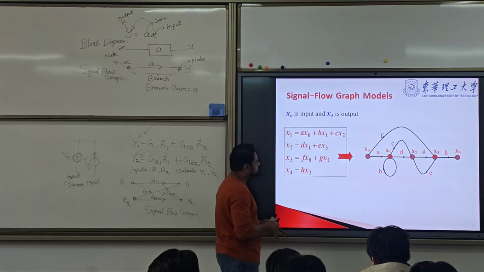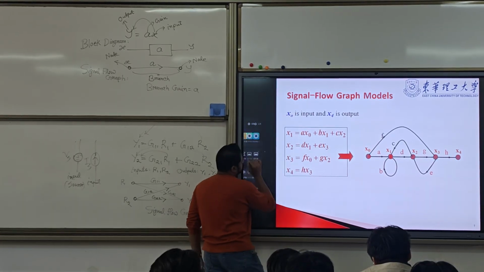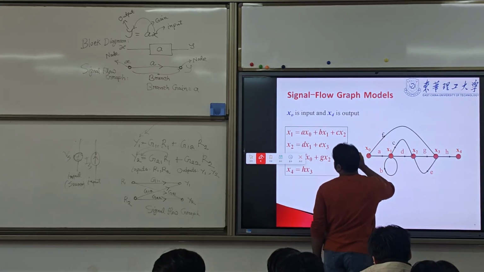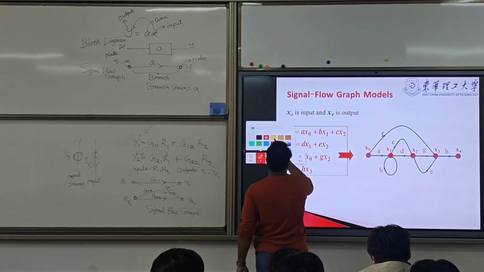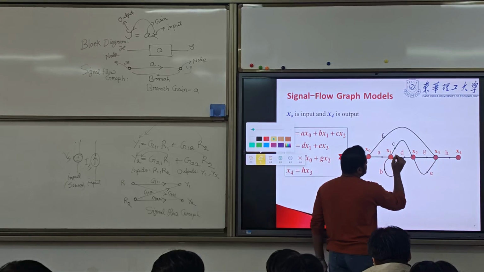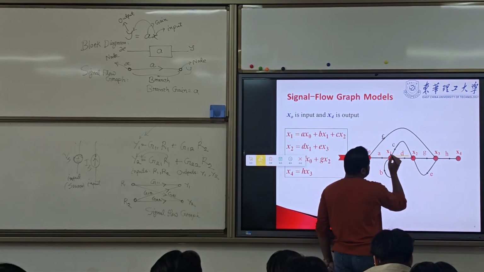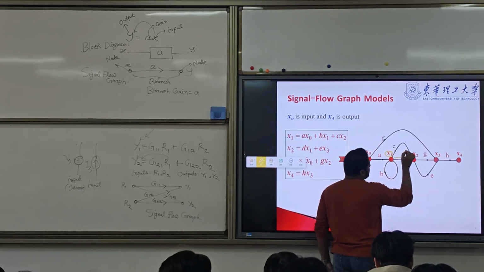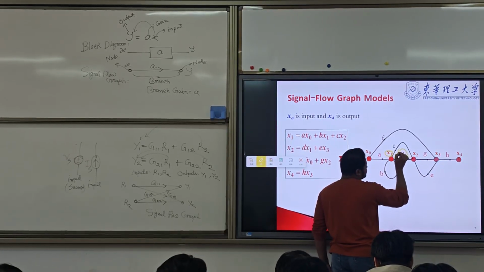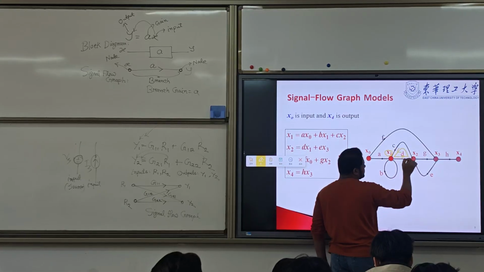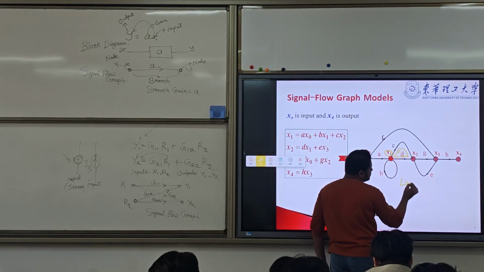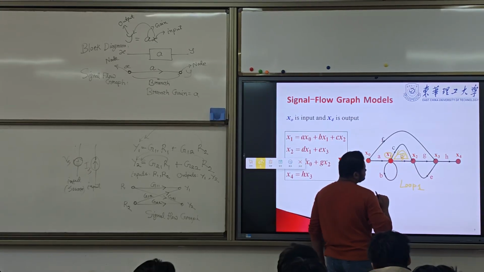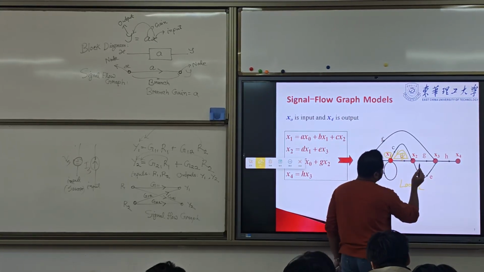Let's see the previous example here. Look at this. In this example, it is starting from x1 in a forward direction, and it is going back to x1. So here this is a loop. Loop 1. Another one, look at this.